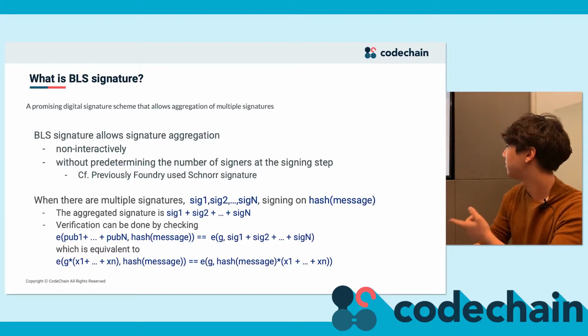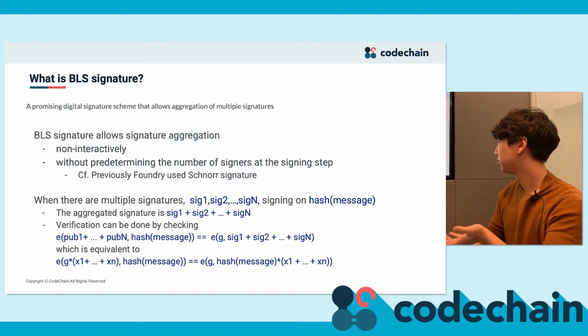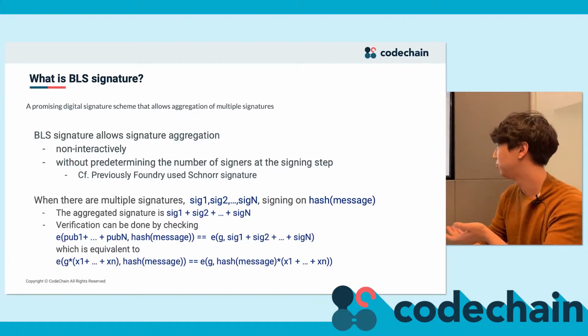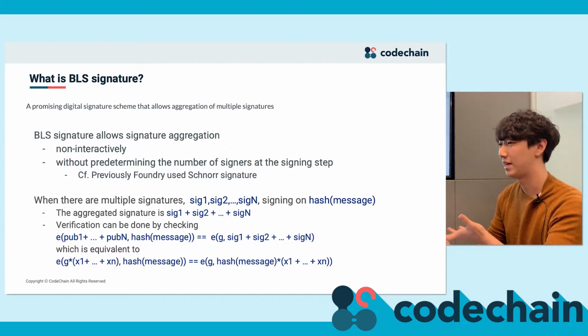So this is how signature aggregation works. When there are multiple signatures, let's say sig1 to sig_n, then the aggregated signature is simply sig1 plus sig2 plus up to sig_n, where the addition is the group operation.